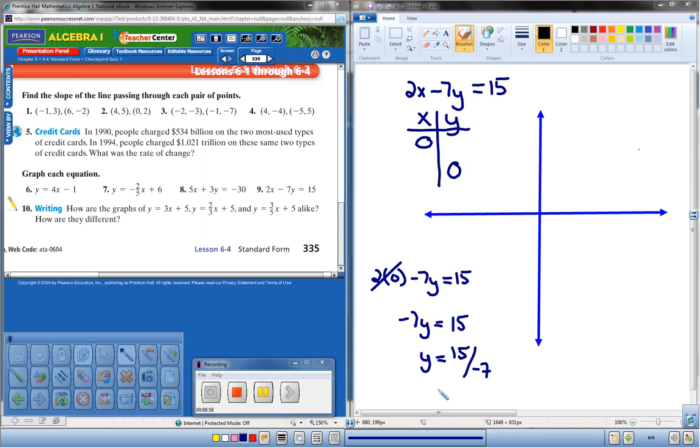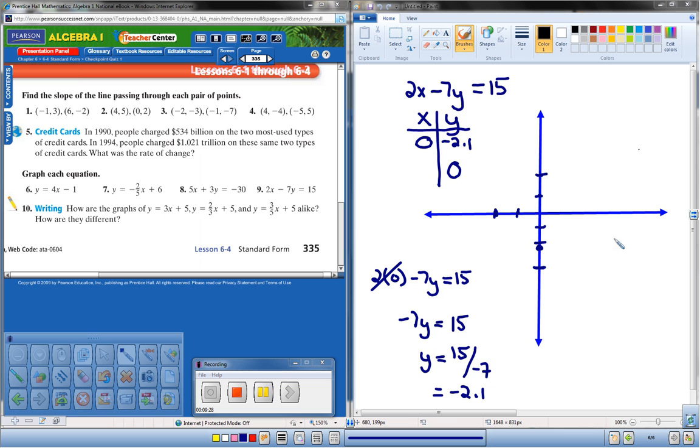When you divide that out, you get a value that's probably just a little bit over 2, maybe -2.14, so we'll round that off to -2.1. So that's the y-intercept at about -2.1, and we're getting a general idea of where the graph is. So x is 0, y is -2.1. That's right there.